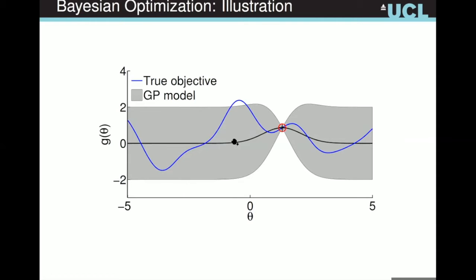What we're going to use now is we're going to look not only at the global minimum of the mean function, but we're looking at the minimum of the mean function minus 2 times the standard deviation. And that would correspond to the minimum of the gray shaded area.